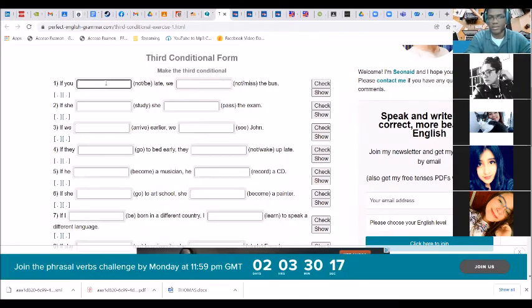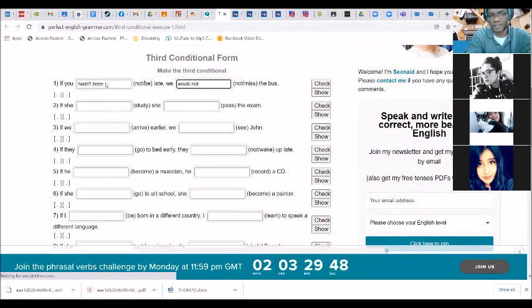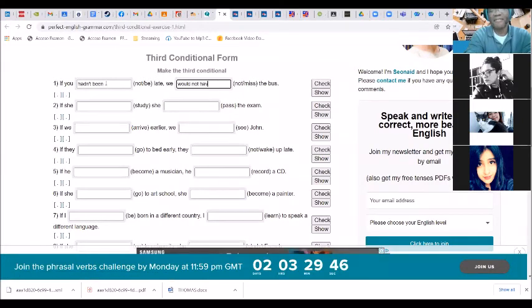If you hadn't been late, we would... Remember, past perfect plus would and present perfect. Would not have missed it.